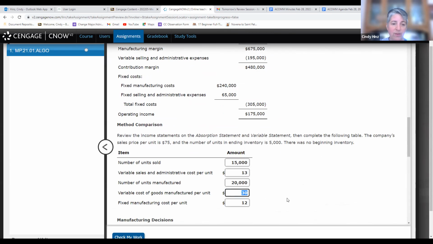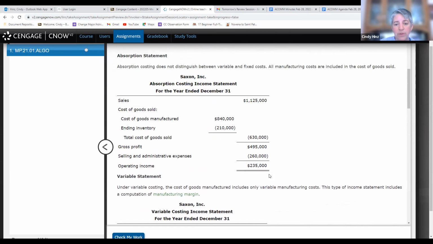So our new cost of goods manufactured will be $240,000 in fixed costs plus 30,000 units at $30 in variable cost per unit.